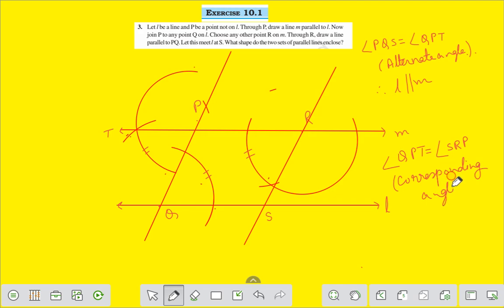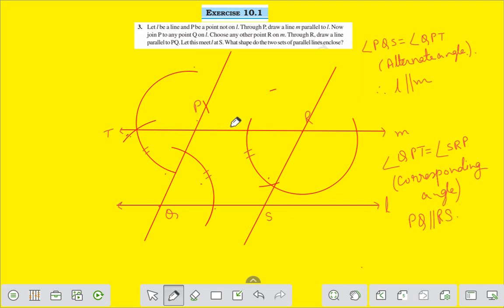Here you see these are two lines, that is PQ and RS, and take PR as the transversal. If this angle is equal to this angle, that means corresponding angles are equal. Therefore, this line is parallel, right? So we can say that PQ is parallel to RS.